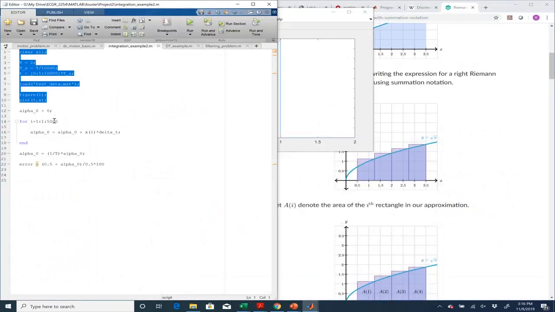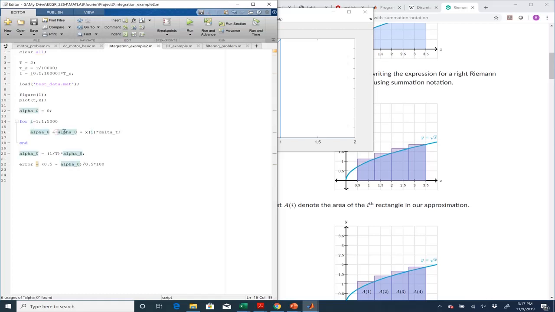Okay. So then what I do is I write my for loop. In this case, alpha 0 is what I'm calling my output. My for loop goes from i equal to 1 to 5,000. Notice I called it i in this particular case. Every time through this vector, I add on to the sum, which is alpha 0.